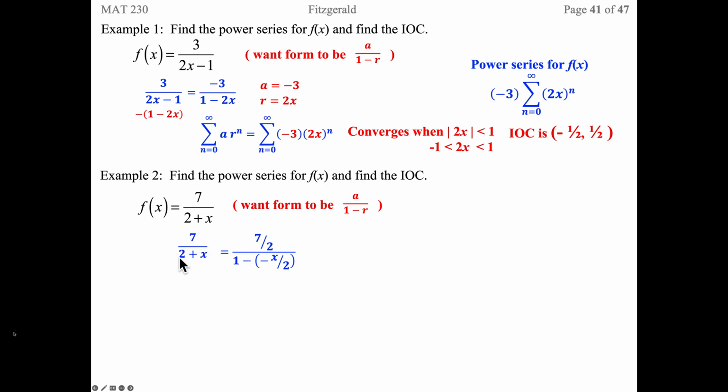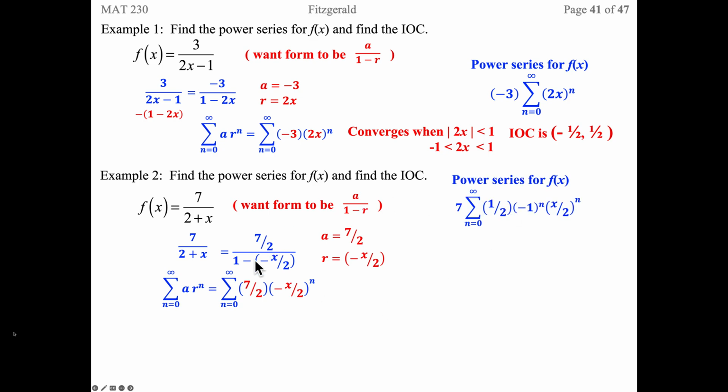We need this 2 to be a 1. And at the same time, since I need a minus r, I'm going to change the plus to a minus: a negative x over 2. So that means a is now 7/2, and my r is negative x over 2. Put that into our summation notation, and there's our power series.